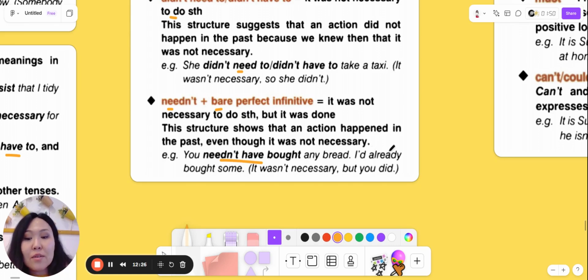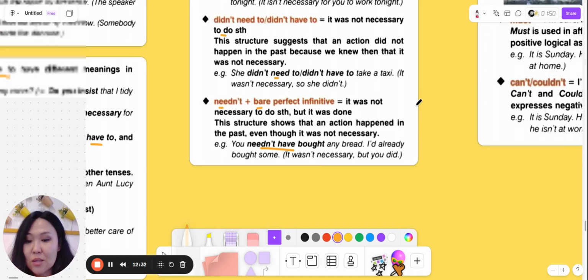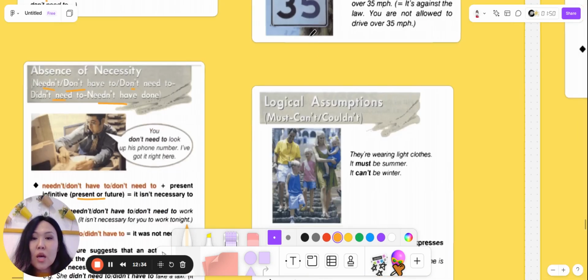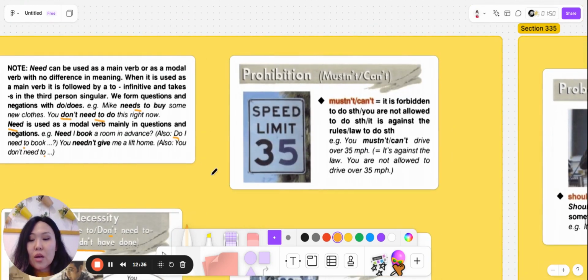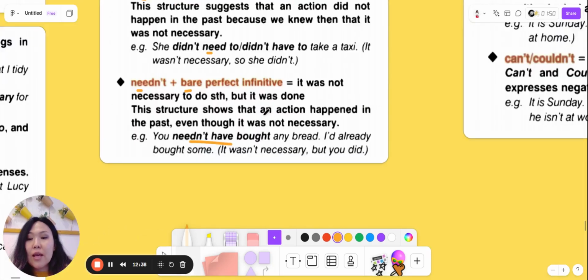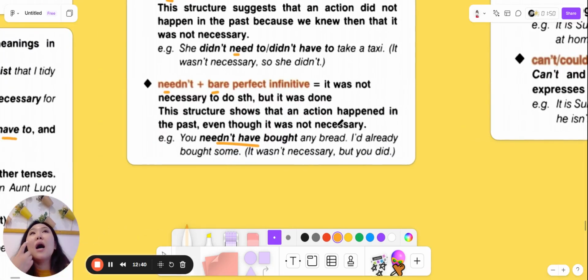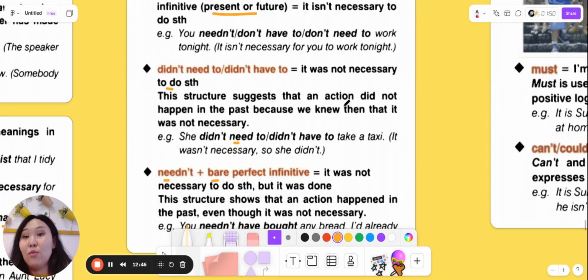You needn't have bought any bread. I'd already bought some, so it wasn't necessary, but anyways, you did it. Yeah. Also, I can say, for example, I needn't have cleaned this room as you had cleaned it before.